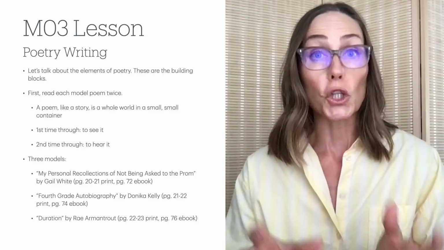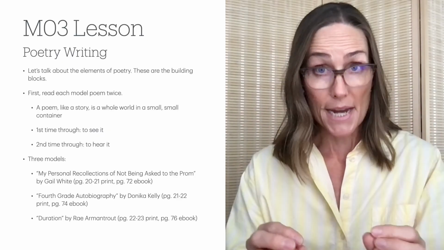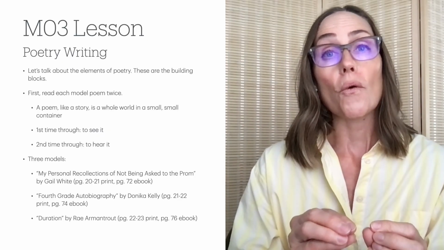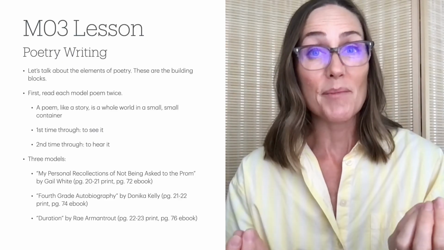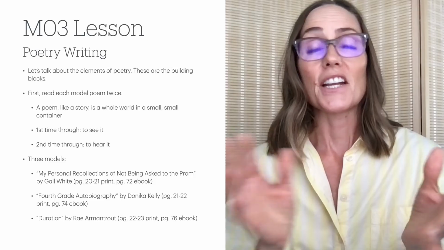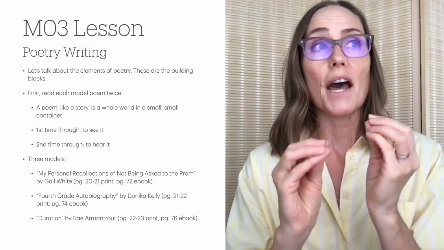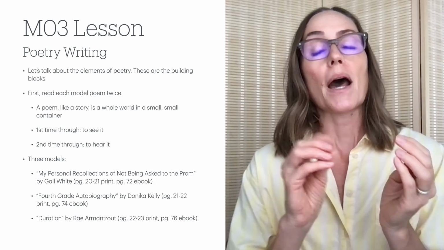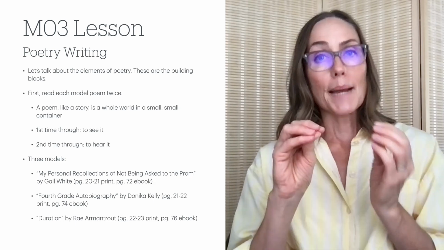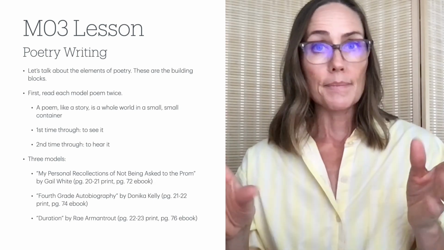So, the way that it looks on the page and also the vision of the world that it's giving me, it all has to do with visual. Okay, I have to see it. So on my first reading through, I'm trying to see, okay?